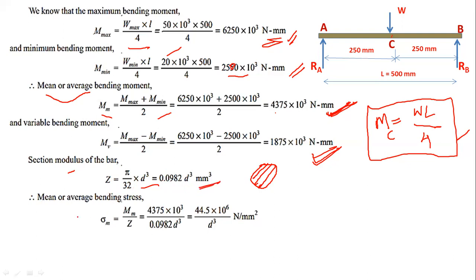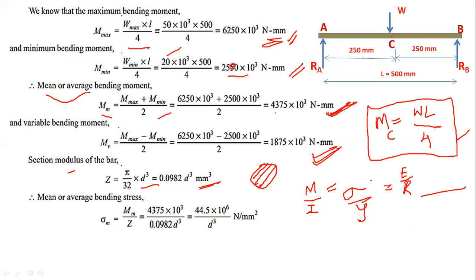Okay, now mean or average bending stress. Already we know the formula for bending stress. From the bending equation, M by I equal to sigma by y equal to E by R. This is the bending equation.